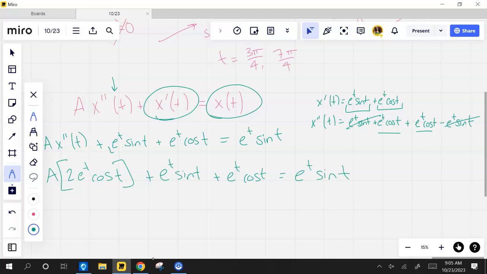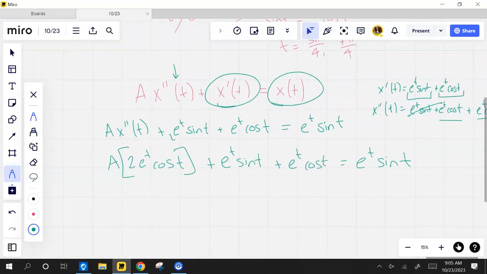Now they ask me what's the value of a. I can do that from here. I can subtract that from both sides. So now I have a 2 e to the t cosine t plus e to the t cosine t equals 0.